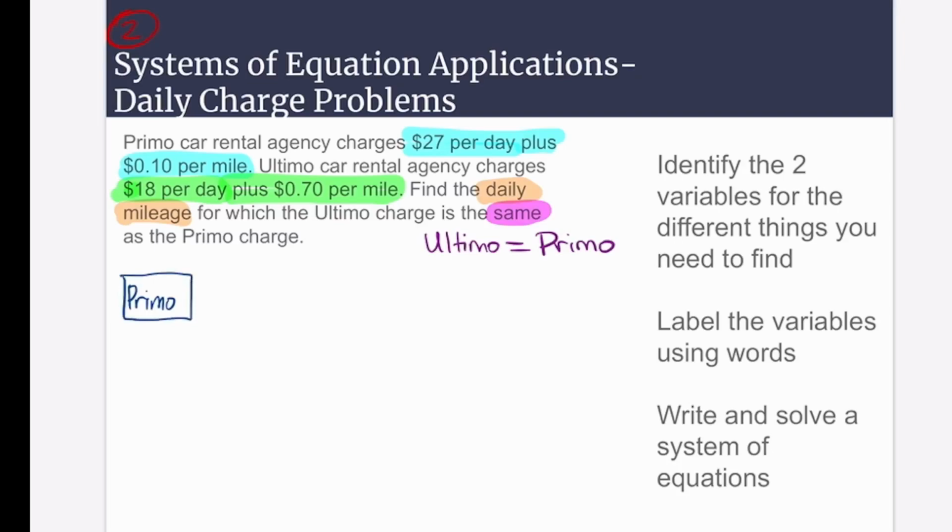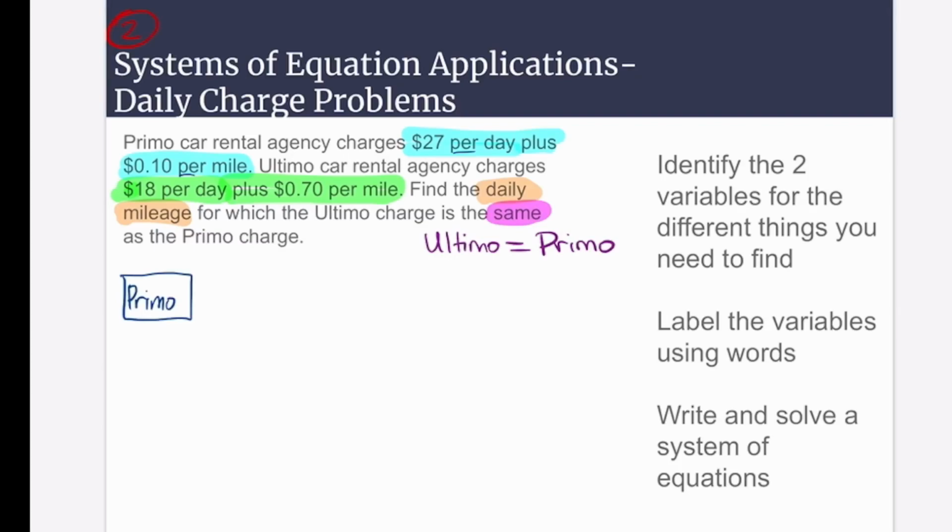It says they charge $27 a day plus 10 cents per mile. These "per" pieces mean we're multiplying, right? If it's $27 per day, one day would be $27, 2 days would be $54, 3 days, and you just keep adding.